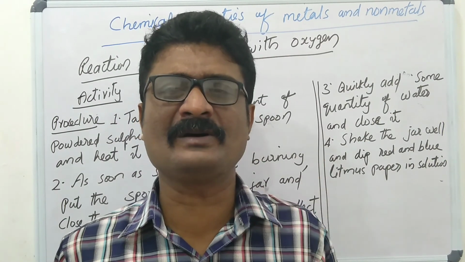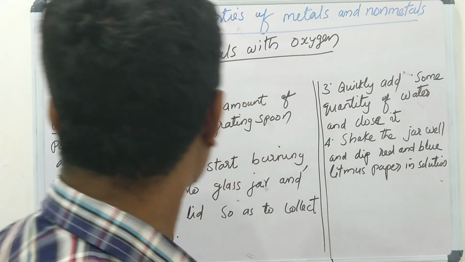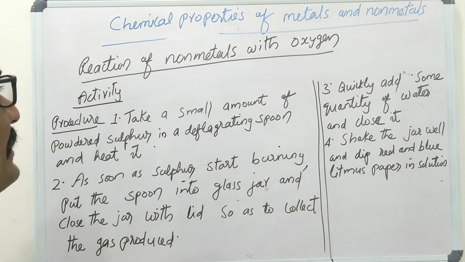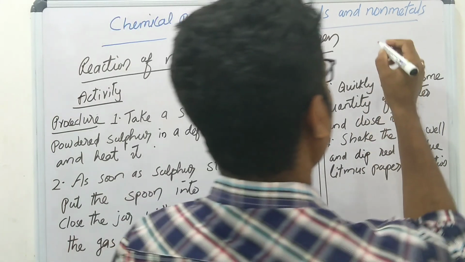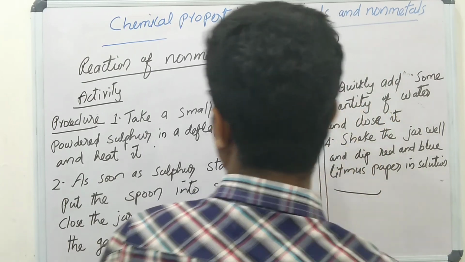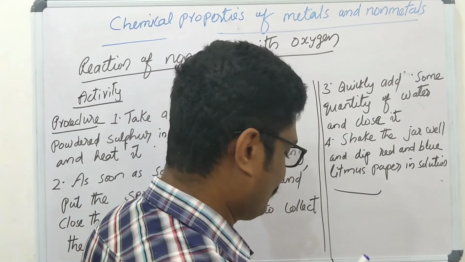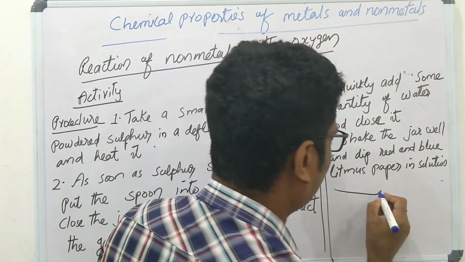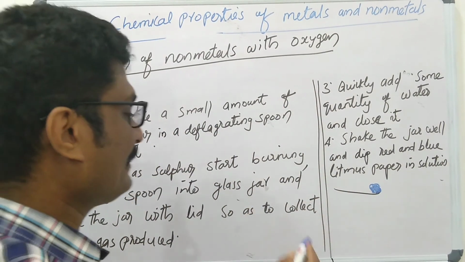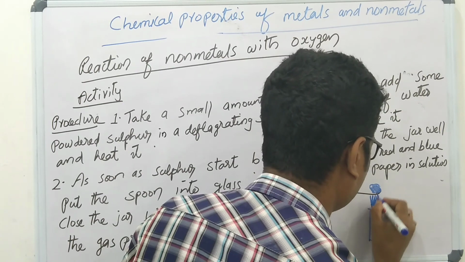Let us perform another activity to understand the reaction. First step, take a small amount of powdered sulfur in a deflagrating spoon and heat the sulfur very strongly.